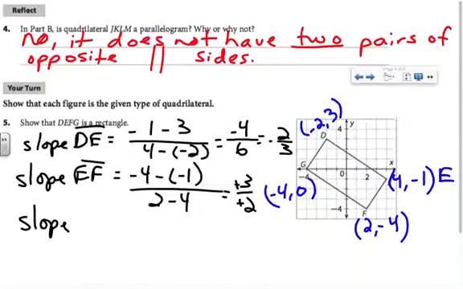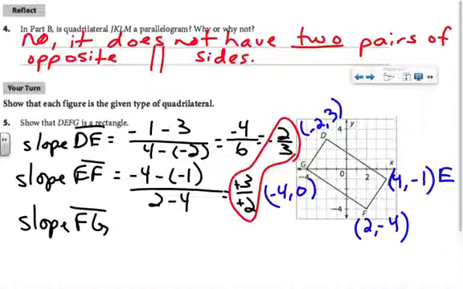Slope of FG. Actually, before I do that, let's notice these are opposite reciprocals. So right away, I already have a pair of perpendicular sides.